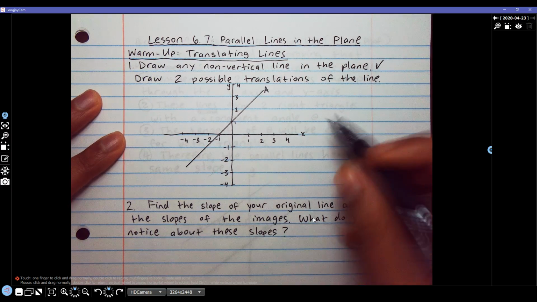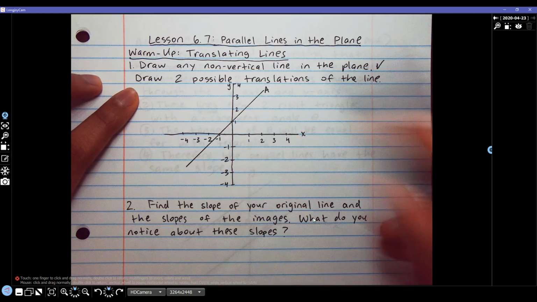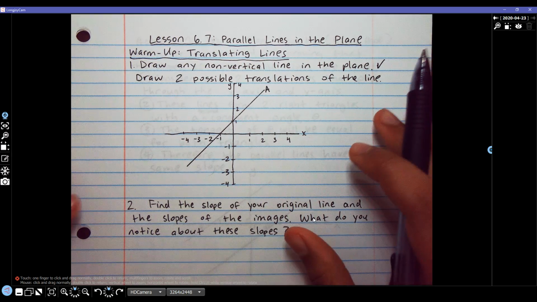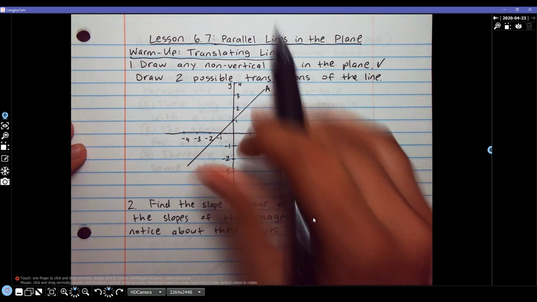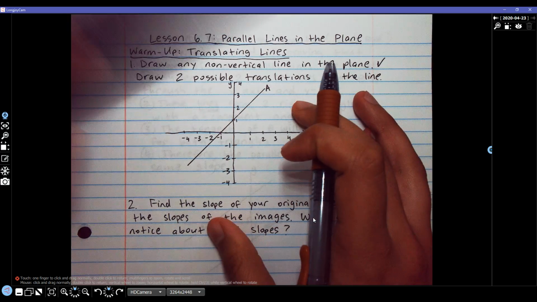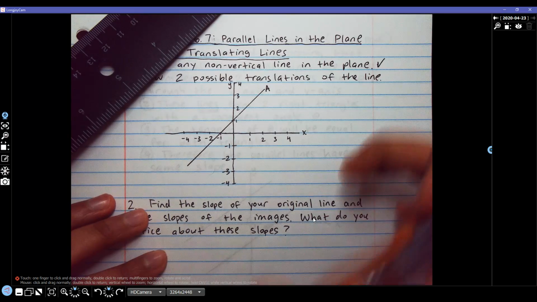The second part asks us to draw two possible translations. So if you remember from our rigid transformations, a translation is just a shift or a glide of the line. So I'm going to do one shift to the right. Let's shift line A to the right by 1 unit.